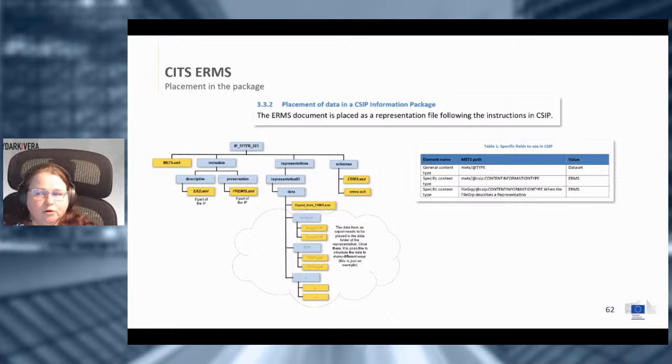So no more description of how you place it in the information package than just putting it into the data folder with its own subfolders, because what we do have in the records management systems today compared to the beginning of the records management system is that we have all these attachments, we have files, we have everything that is part of the system, and they can have their own folders, so they are also put into the data. And there is a description of some minor small number of fields that you have in the CSIP and what value they should have.